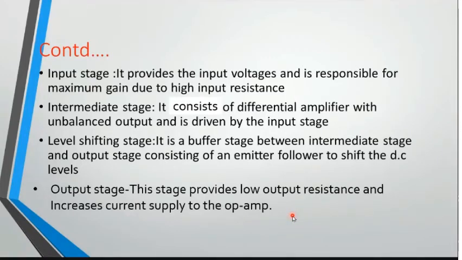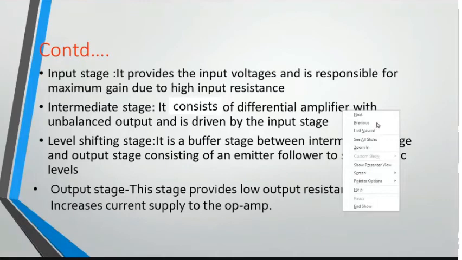Now, how does the amplification become large in the operational amplifier? The input resistance must be very large and output resistance should be very small. Only then can the amplification be very large. So this is why you get a high amplification factor in the operational amplifier.